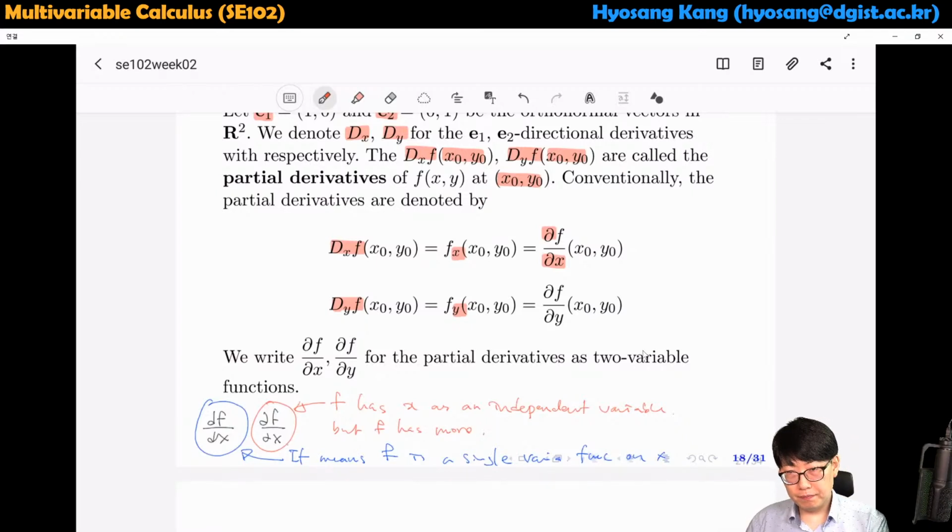Because we don't know how many or what other variables there are, but at least this curly d partial derivative notation means that f does not consist of only x. There are others. Okay.